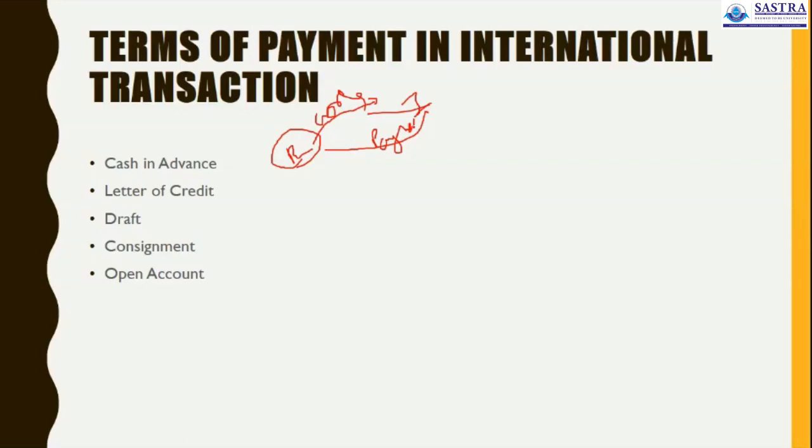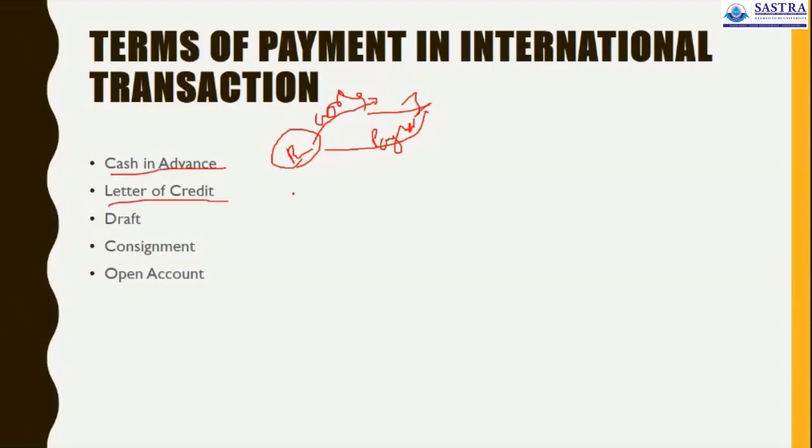This reduces the risk in terms of foreign exchange, currency rate fluctuations. They fix the price prior to the consignment of the goods. That is what happens in cash in advance.